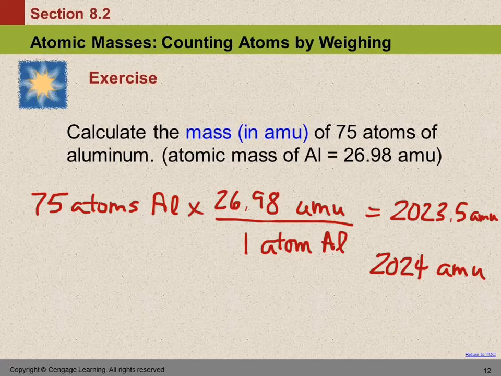If you're mailing books to a friend, and each book weighs 2 pounds and there's 5 books, how much does the package weigh? 10. 5 books times 2 pounds for each book. That's what we're doing here. It's just with atoms and this funny unit, atomic mass units.